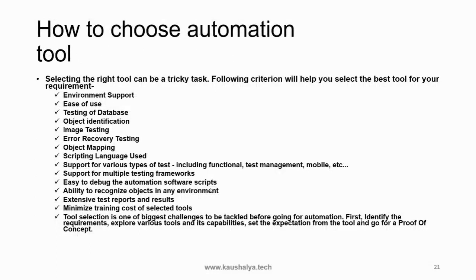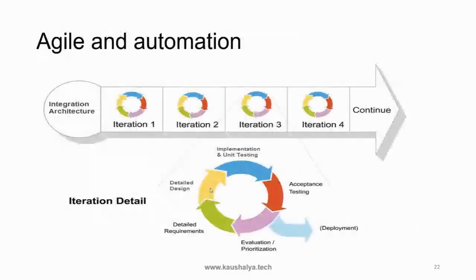And when it comes to tool selection, there are different tools available. As I said in the beginning, we are working in an agile environment where the testing team, development team and design team are part of every iteration. It is part of the entire process of taking the requirements, designing, developing the particular use case, then testing, acceptance testing, and deployment.